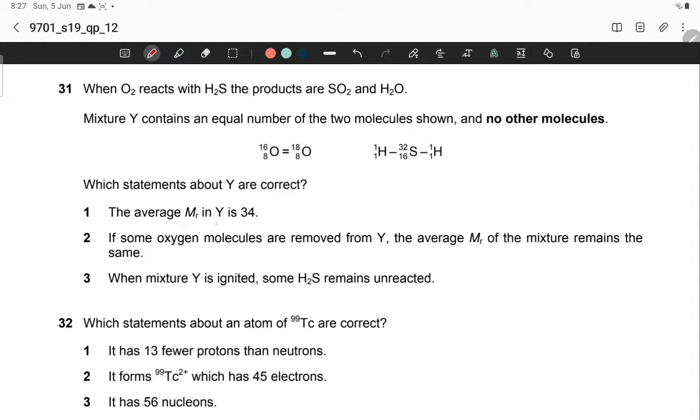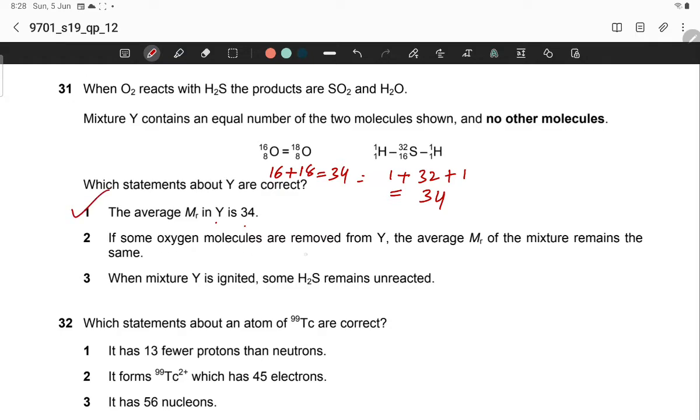The average MR in Y is 34. So this is 16 into 18 that is equal to 34, and H1 plus 32 plus 1 is also equal to 34. The average MR in Y is 34, so this is correct.